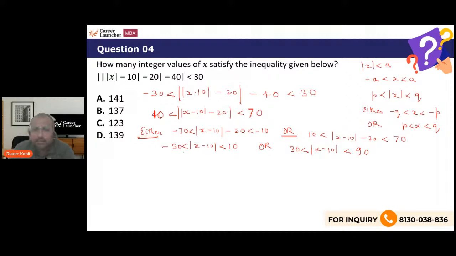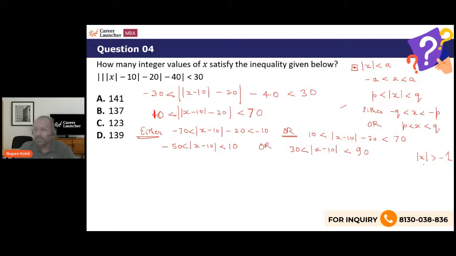Mod is never negative, right? So this is as good as there is no constraint on the lower side. The only constraint is therefore from the upper side. Mod of x minus 10 is less than 10. What I'm trying to say is, if I'm saying solve the inequality mod x is more than minus 1, the answer is all real values of x satisfy this inequality.